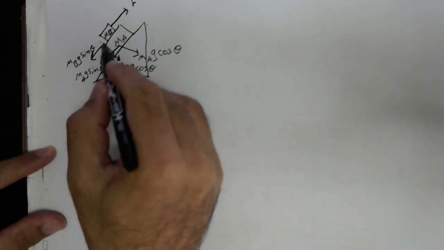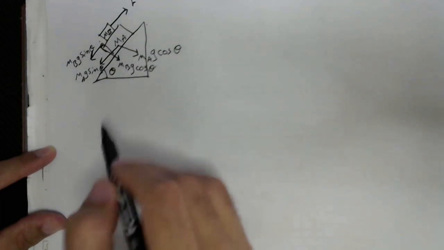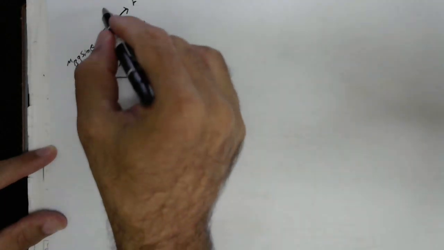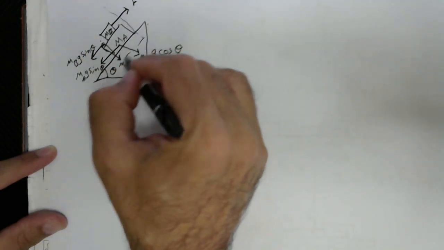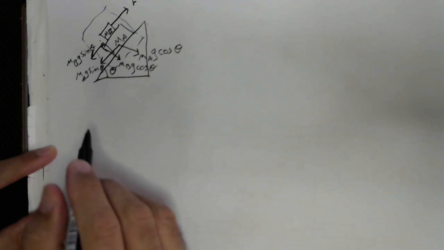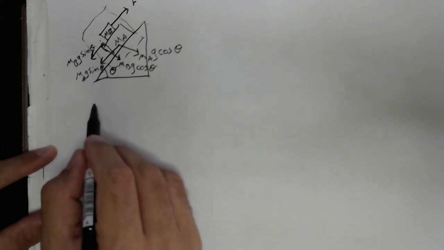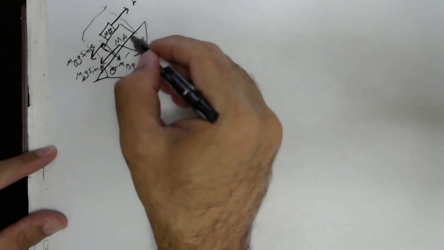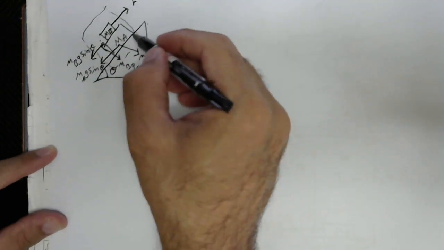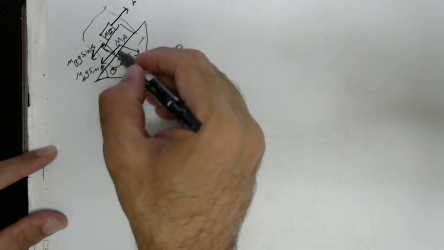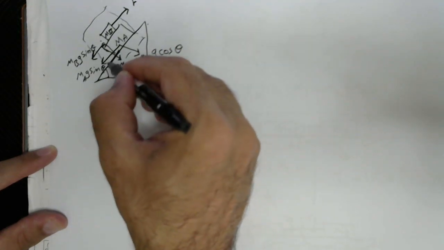So this one is for B, this one is for A, and you have also F. Now if I assume the whole part, that means both of the objects as a system, the external force acting on this system also includes a frictional force. I assume the object goes upward, so the frictional force would be downward like this.